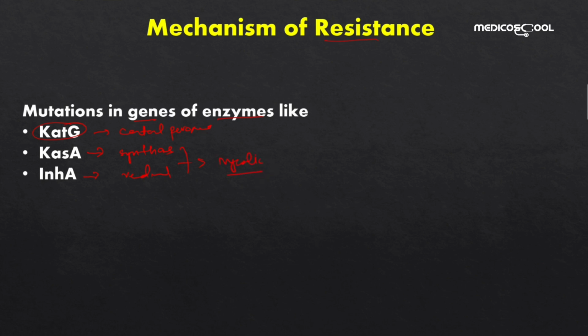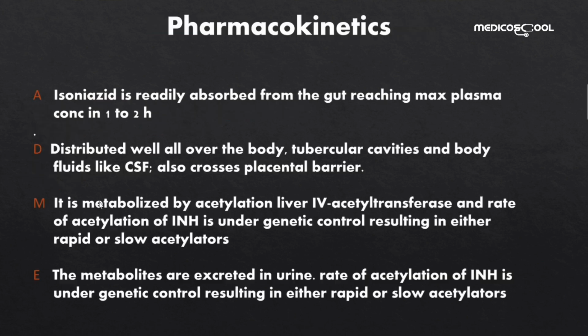So by producing mutations in enzymes like these, it prevents the binding of isoniazid to these enzymes, thus forming the resistance mechanism.